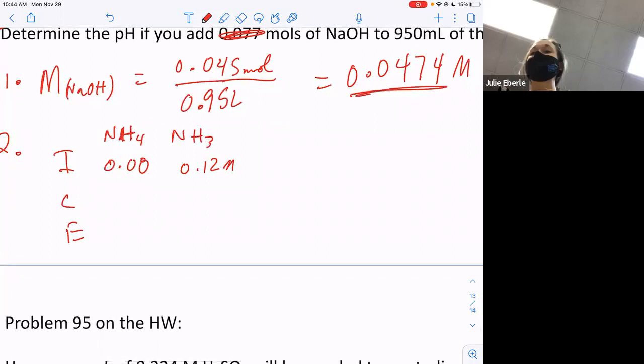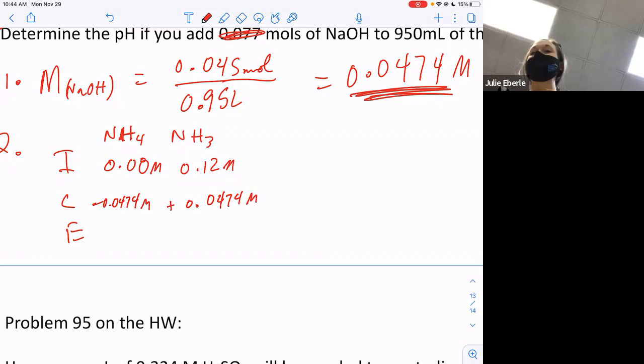And then the molarity that we just calculated, that's what's going to change these concentrations by that amount. Remember, we're adding base here, so we add to the base column, because the weak acid is going to sacrifice itself to neutralize this NaOH. Units, units, units.